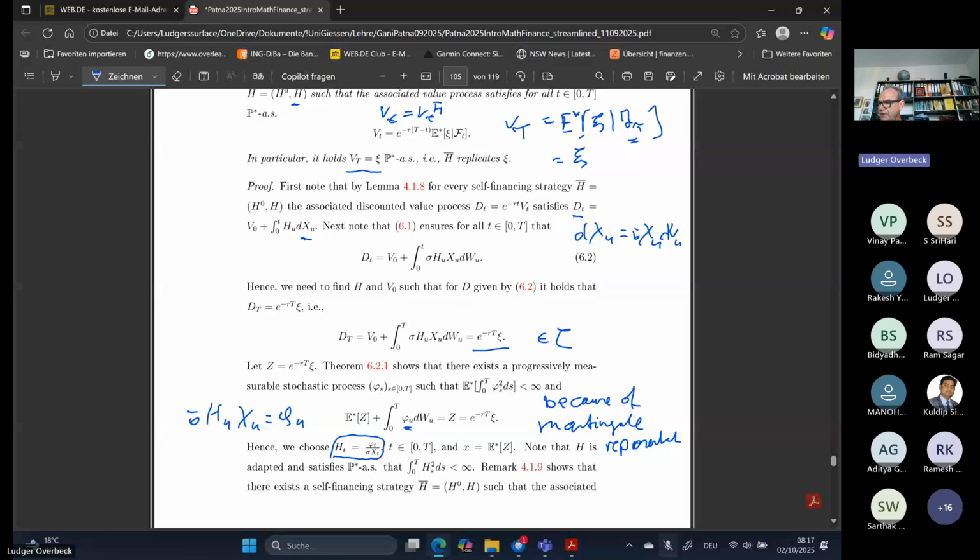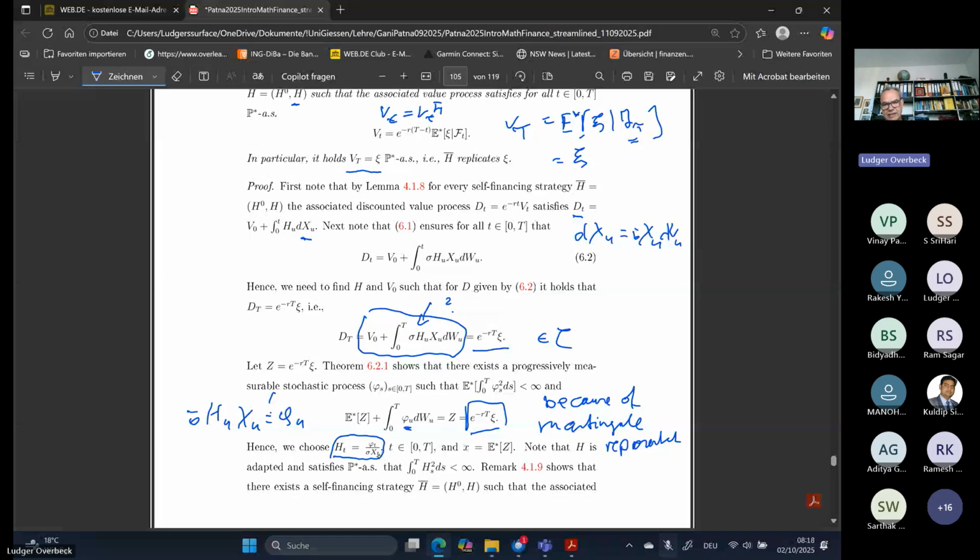We have the general theorem, and here we want to write the discounted claim at final time. You plug in this equation, that's what we look for: H. We have just a phi_u, so we have to solve here for H_u.